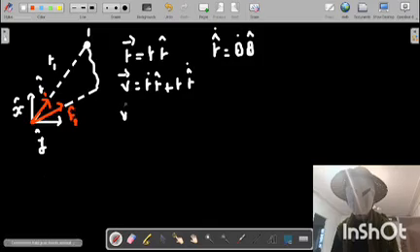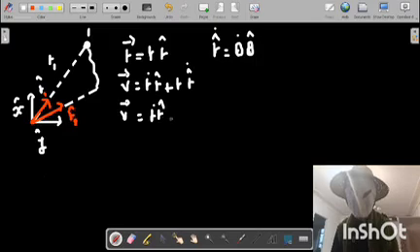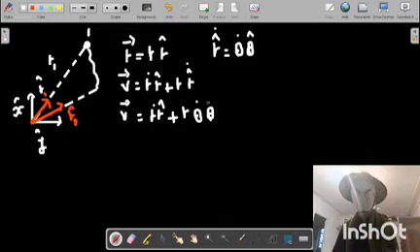The vector of velocity is equal to r dot r hat plus r theta dot theta hat. Just like that.